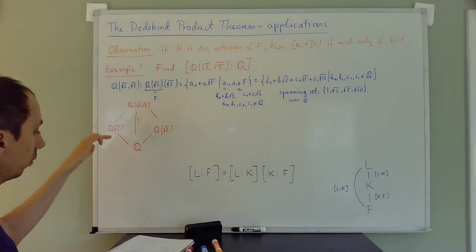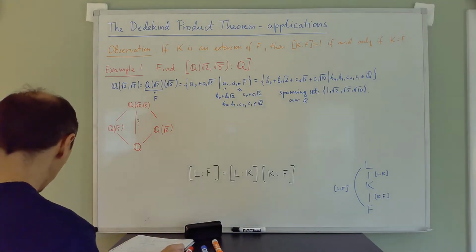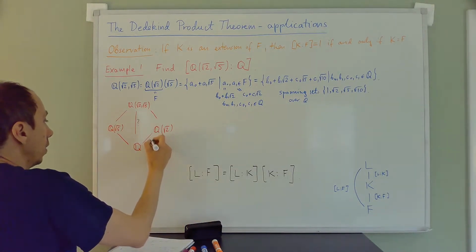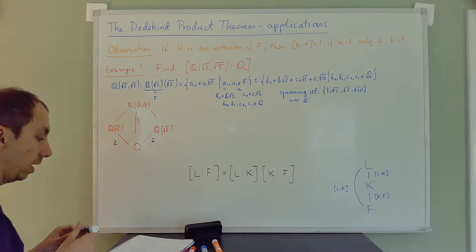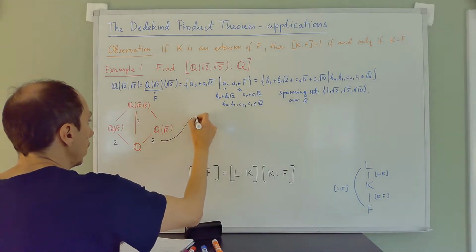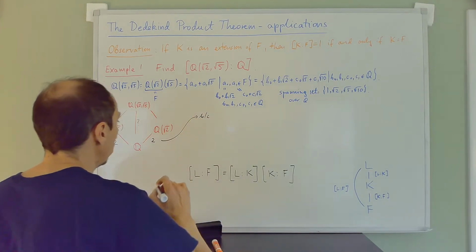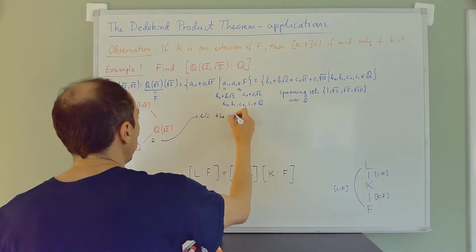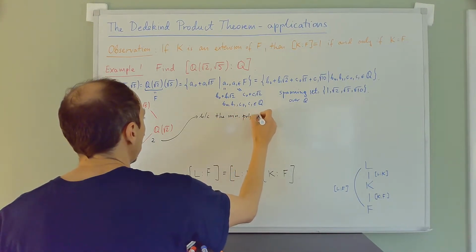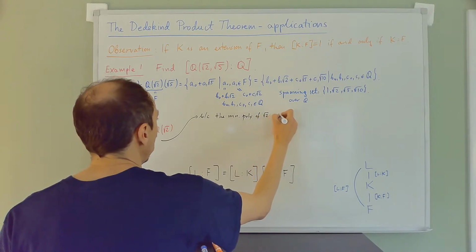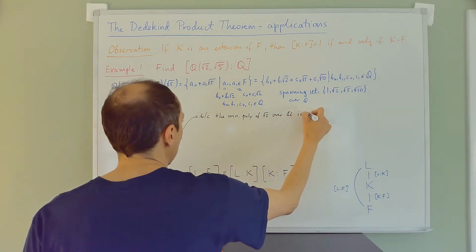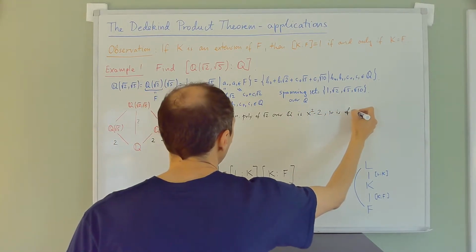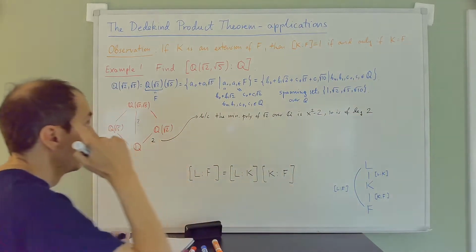Now these are easy. Both of them actually are easy, because I know there are 2. Why is that the case? Because the minimal polynomial of radical 2 over Q is x squared minus 2, so is of degree 2.